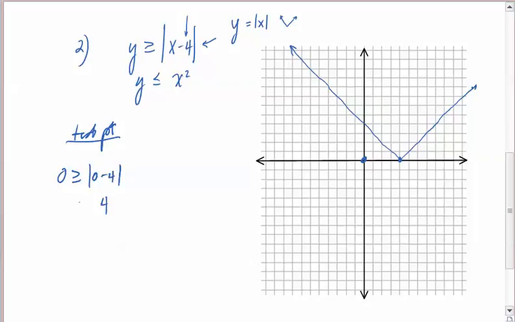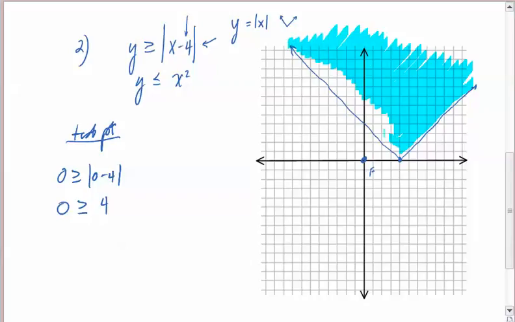I get 4 on the right. Is 0 greater than 4? No. Okay, so I see that that point is on the false side, so I'm going to shade in here. Okay. Greater than. Okay, there's that. And of course that goes on forever.